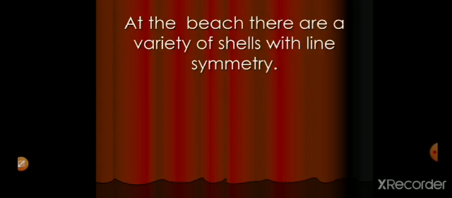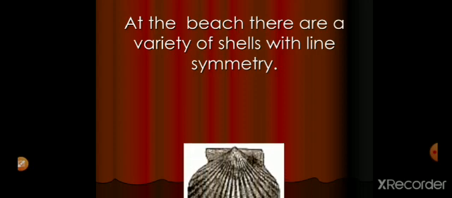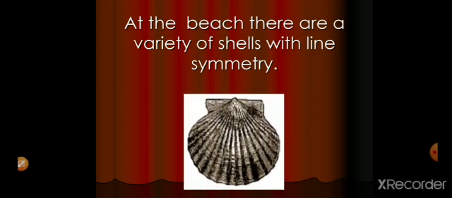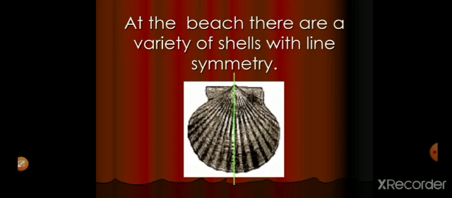Next, at the beach there are a variety of shells with line of symmetry. Look, you can see a vertical line of symmetry, one half exactly equal to the other half, which means there are two mirror halves.